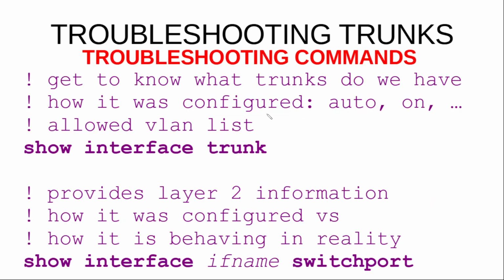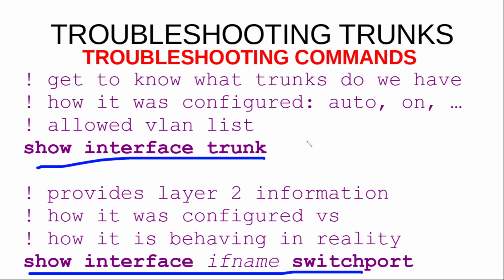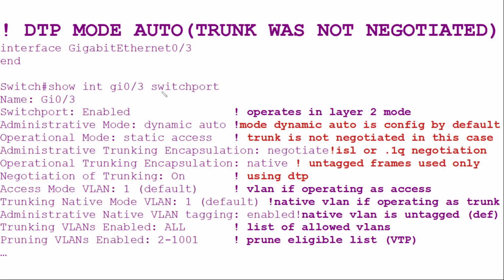Now let's go for the troubleshooting part of the theory. We have mainly two commands in order to troubleshoot our trunk interfaces: show interface trunk and show interface switchport. So let's go for show interface switchport.